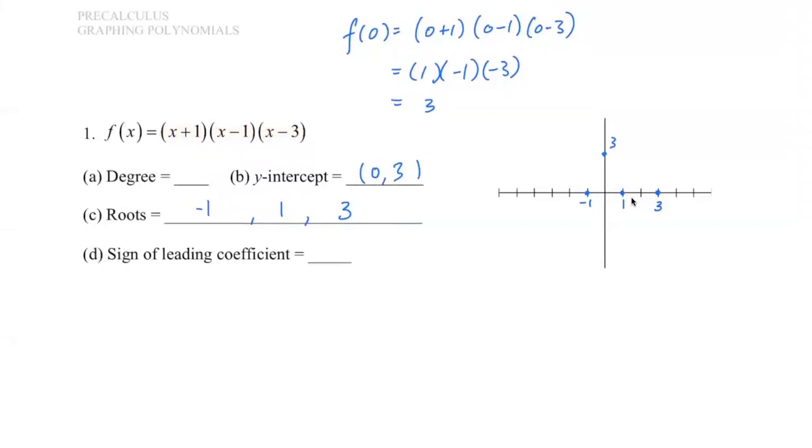So what we can do is to just think about how the first term will inevitably multiply with each other. And then let's go ahead and write down what the first term is going to be. In this case, the first term is going to be x cubed, and that would give us the sign of the leading coefficient, which is positive because you don't see a negative sign sitting in front of x cubed. And with that, we also know the degree, and the degree is going to be 3.